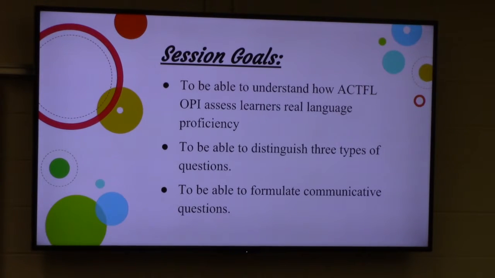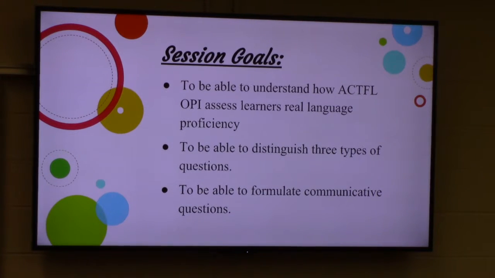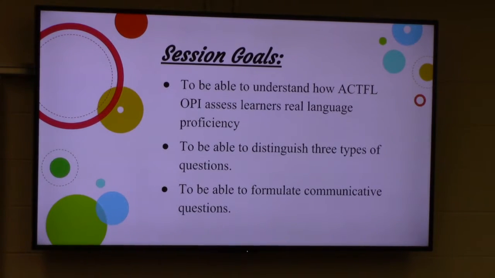Maybe you already do it unconsciously, and I just want to point this out so that we can have more effective and efficient drills in class. The third goal is to formulate communicative questions, meaning questions that encourage students to do real-life communication with their language skills.